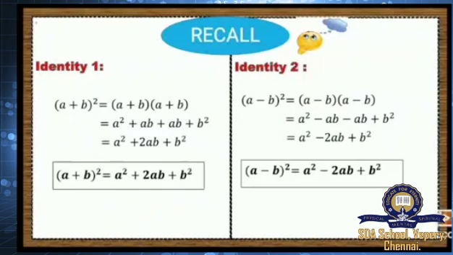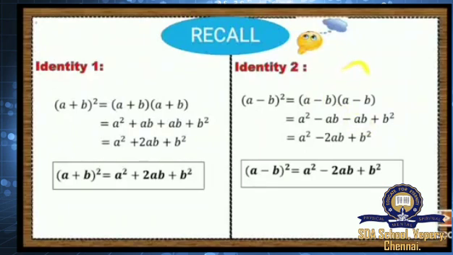Similarly, identity 2, a minus b the whole square. So this I can write it as a minus b into a minus b. So following the same procedure, if I multiply a into a, I will get a square. A into minus b is minus ab. Minus b into a is minus ba, that I have written as minus ab.